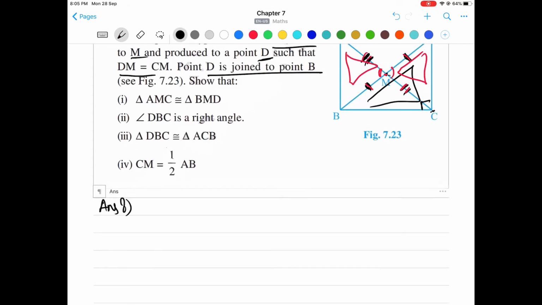Let's write answer number 8. First we'll write the given part.